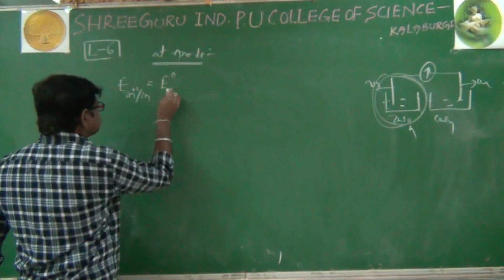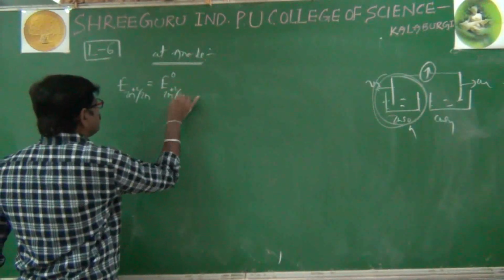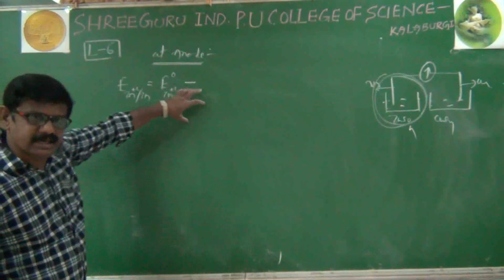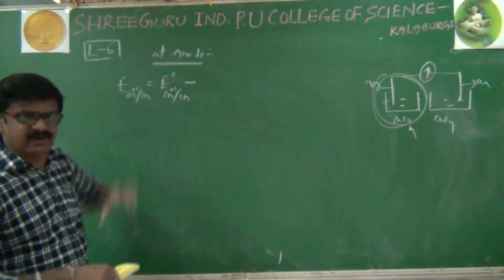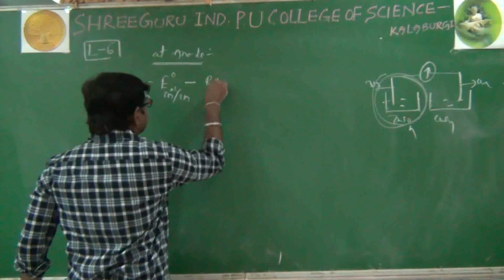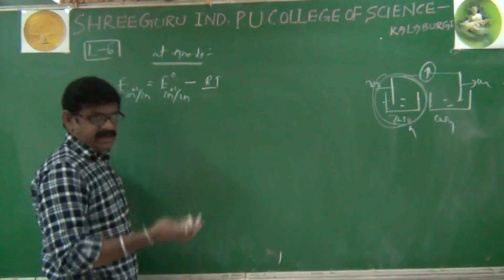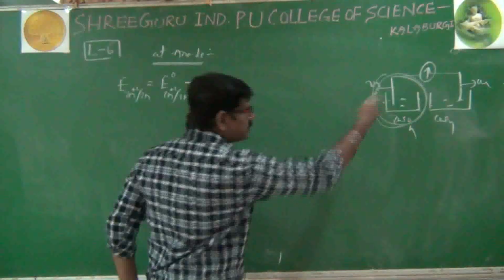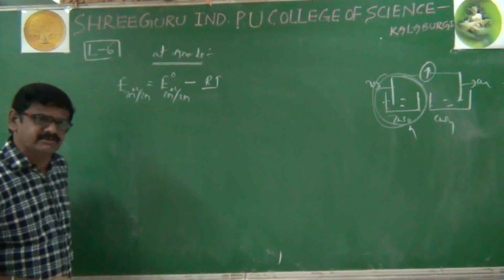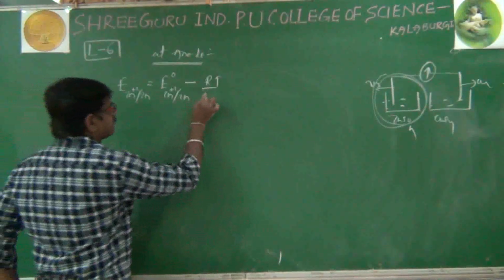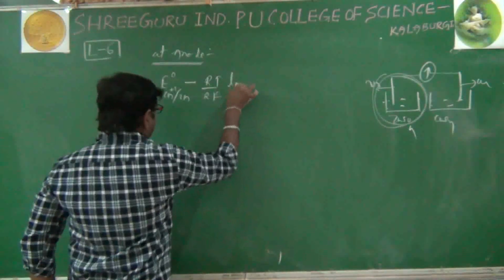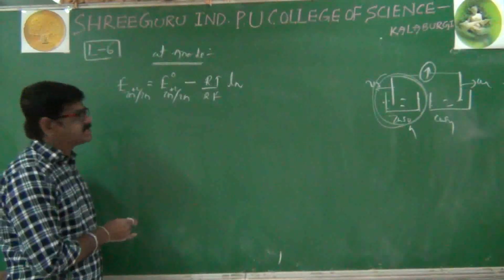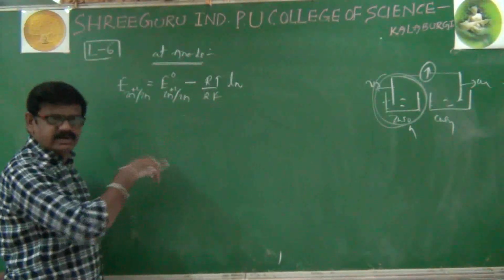E naught Zn2+/Zn minus. Now I am using the basic Nernst formula, that is RT by nF. Of course, in the Daniell cell, how many moles of electrons are involved? 2 electrons. That's why directly we can write 2F, ln reduced state by oxidized state. Then what is the reduced state, what is the oxidized state?